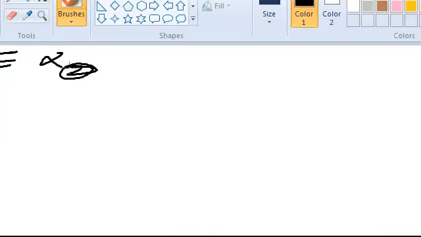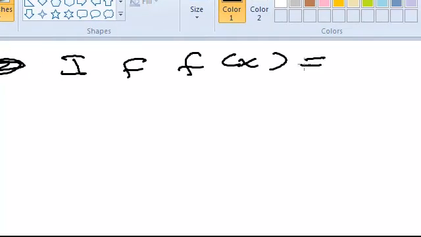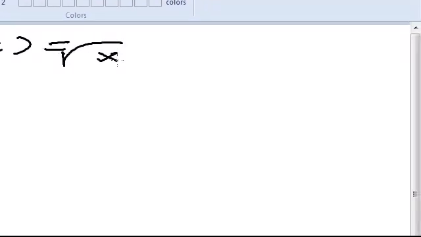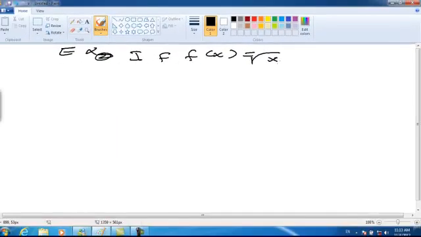Example 2. If f of x equals square root x, this is a radical function. Find f dash of x.